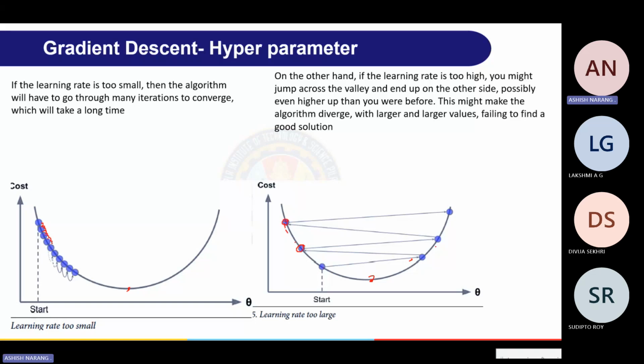From here, it has gone there, there, and so on, right? So this learning rate is a bit high. When the learning rate is high, it is actually oscillating between these two, and it is not going to achieve this. And it failed to find a good solution because I am taking big jumps.